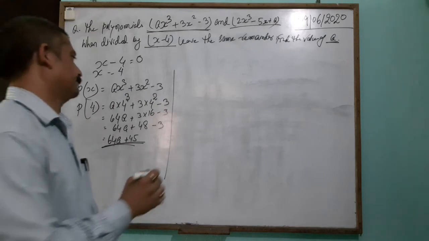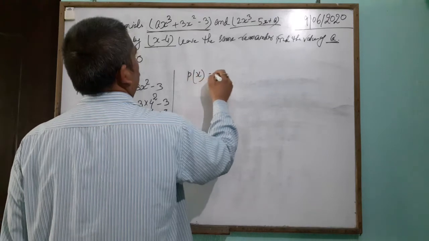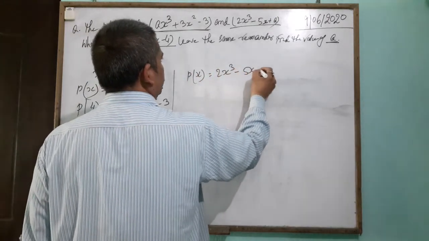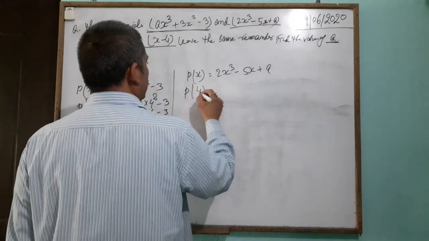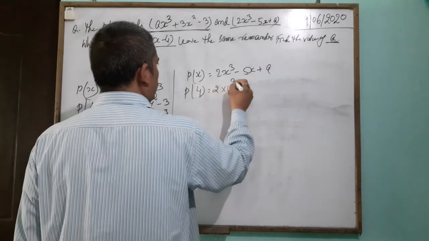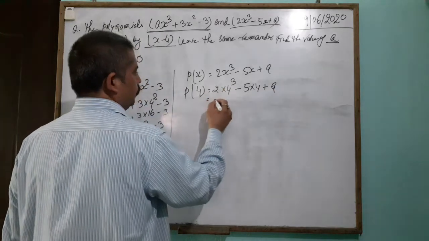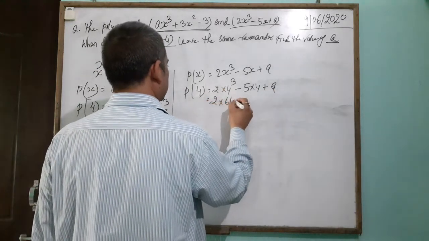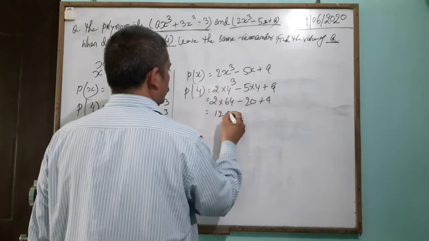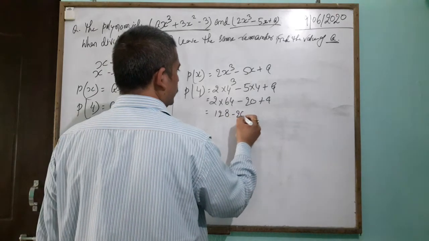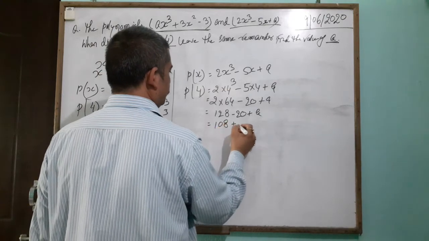Next, again put the value in 2x cube minus 5x plus 8. So putting x equal to 4: 2 into 4 का cube minus 5 into 4 plus 8. So 2 into 64 minus 20 plus 8. 128 minus 20 plus 8. 108 plus 8.